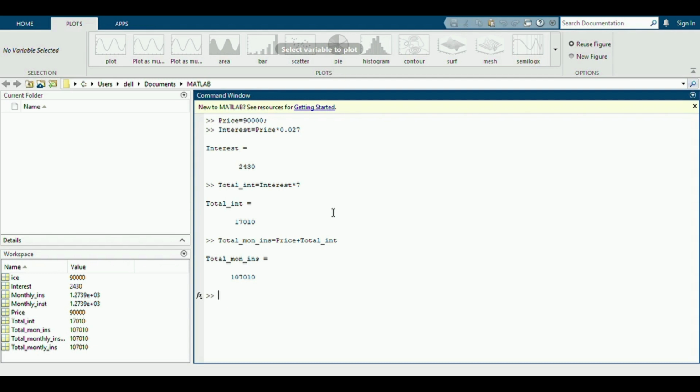And we can also calculate the monthly installment payment per month, which is equal to the total installment divided by 84 months. And then we will get the monthly installment is equal to 1,273 ringgit per month.